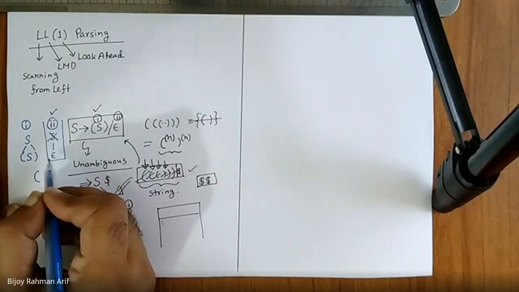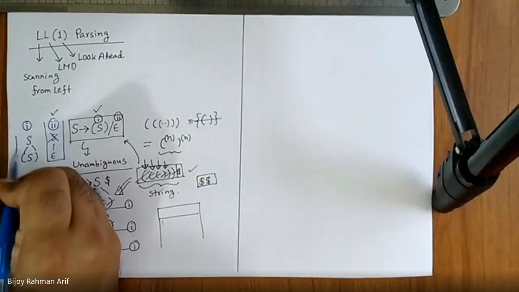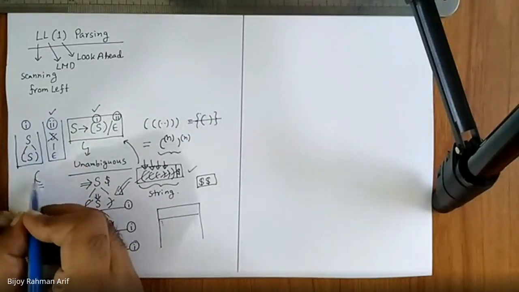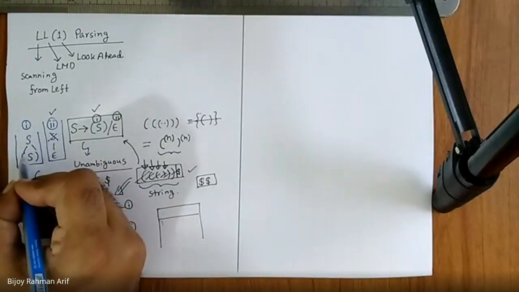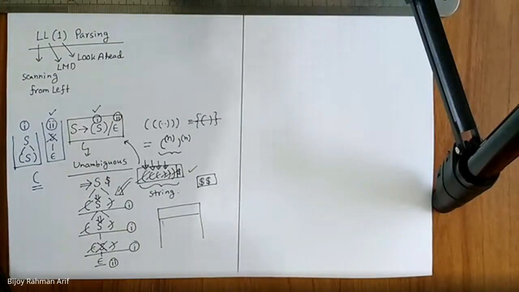Am I right or not? Yes, sir. So it can never generate this character. On the other hand, if you use production number 1, definitely it can generate the open parenthesis at the beginning, because it derives to open parenthesis S and close parenthesis. Am I right or not?